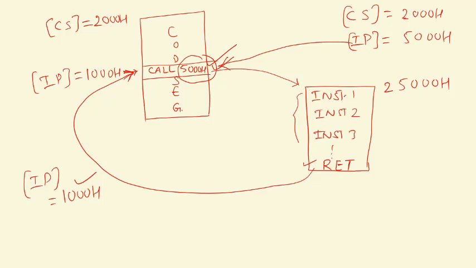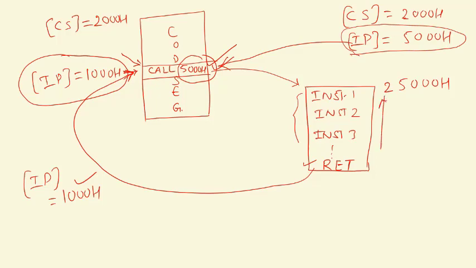My question is: whenever the CALL instruction is executed, IP is 100H. But after this instruction, IP will be modified to 500H. And after executing these instructions and the RET, IP will again be modified with the same content, 100H. It means we have to store this IP somewhere.